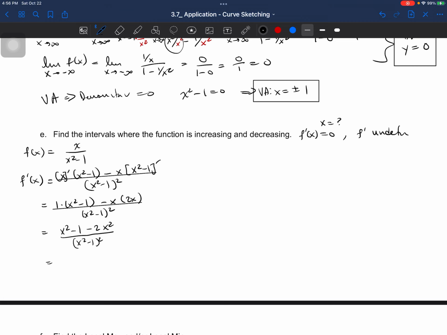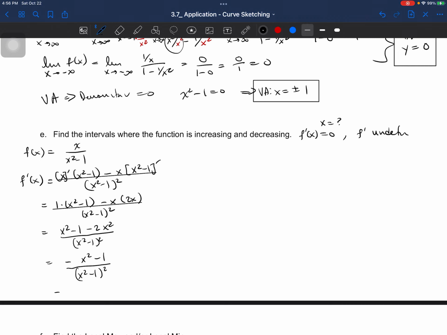Then this gives us x squared minus 1 minus 2x squared. And we're going to simplify this because the x squared and the minus 2x squared are like terms. That's a mistake here, typo.